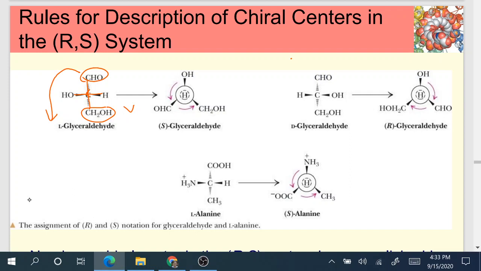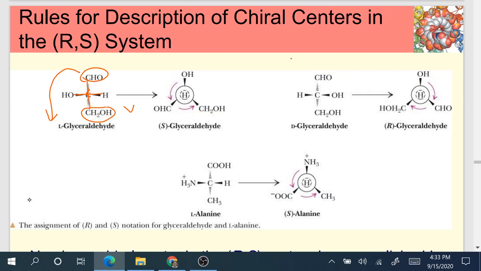Now, if you're confused about this, it would be good to make a model with a tetrahedral carbon. So get your models back out and put a red, blue, white, green ball on your black carbon ball, like you remember doing in organic chemistry, and practice rotating this.